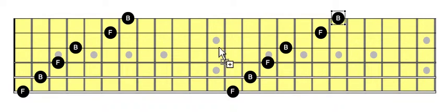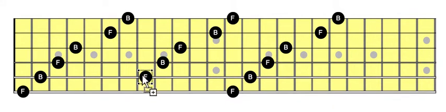The other thing you can do, because there's another F here, if you look at it, you can go there. It starts with a B here, then F, B, F, B, F.